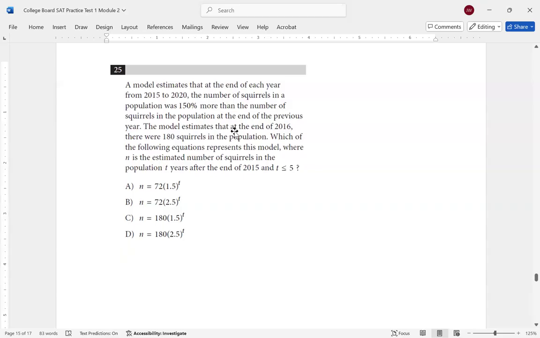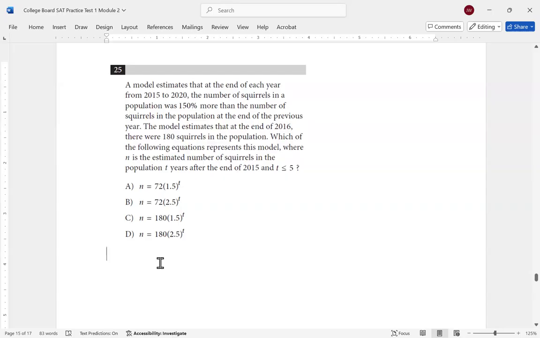The model estimates that at the end of 2016, there were 180 squirrels in the population. Which of the following represents this model, where N is the number of squirrels in the population T years after the end of 2015, and T is less than or equal to 5.